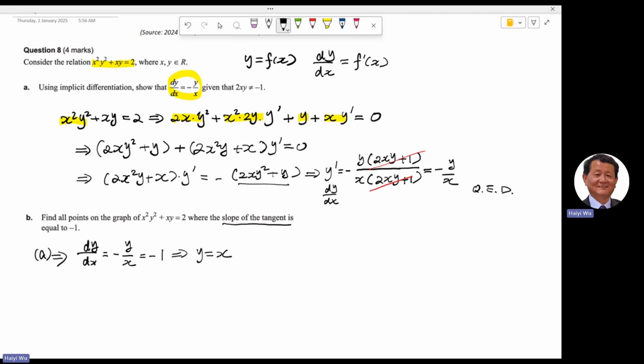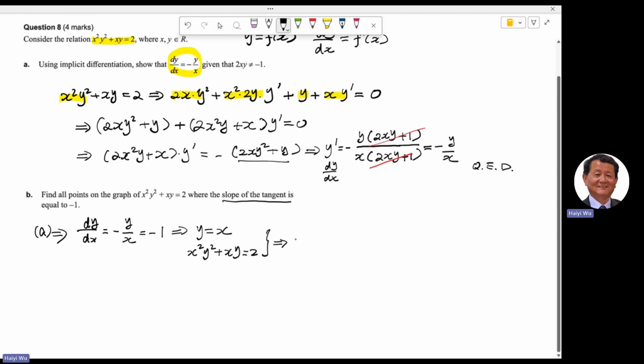Then we substitute into the original equation so we can solve for x and also for y. I'm going to replace y with x, so it'll be x squared times x squared plus x times x equal to 2. Therefore x to the power 4 plus x squared minus 2 equal to 0.